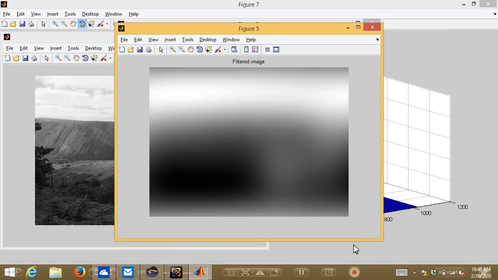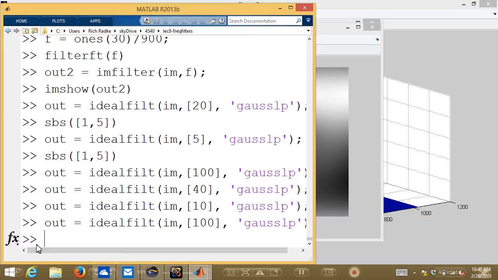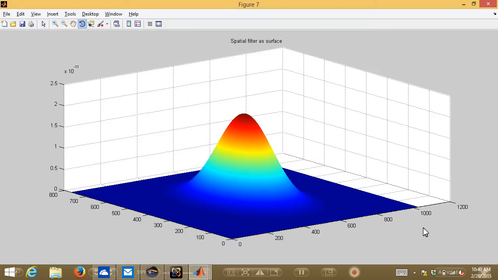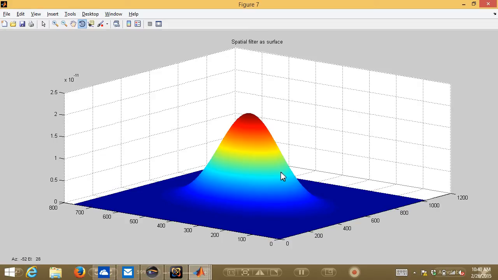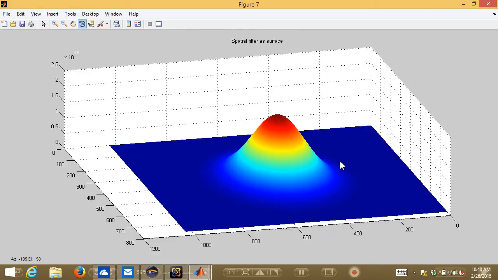So here's my thing. 100 is the sigma of the blur. I'm defining the blur here in the spatial domain, so the bigger my number gets, the more blurry the image gets. And the more blurry the image gets, the more broadly the spatial filter spreads out. So actually, what I'm doing in my MATLAB command is specifying the sigma for this spatial filter.